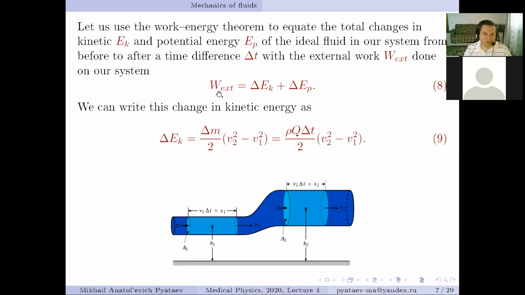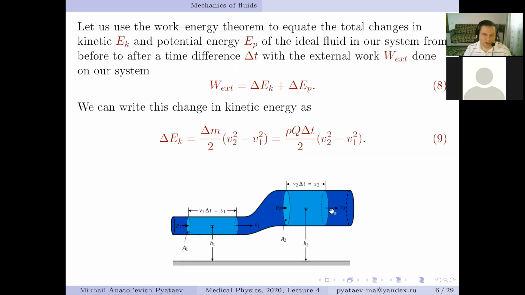In this region pressure makes positive work, because the direction of force produced by pressure coincides with velocity v.